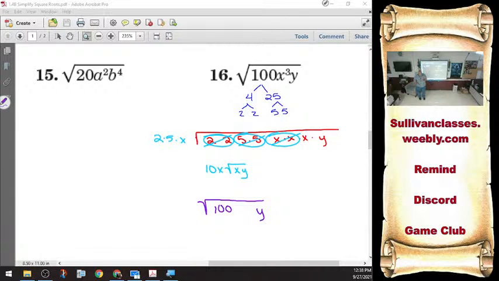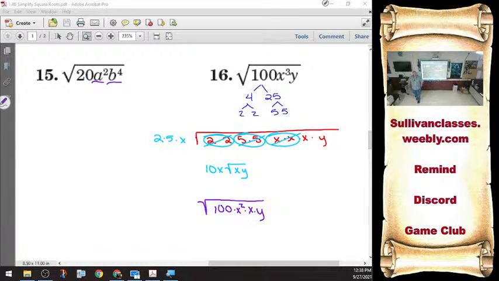It's not y to the second. It's not y to the fourth. It's not y to the sixth. I always needed something even, like this guy, for them to come out. But that x to the third isn't an even number. So break it up into an even number with one left over.